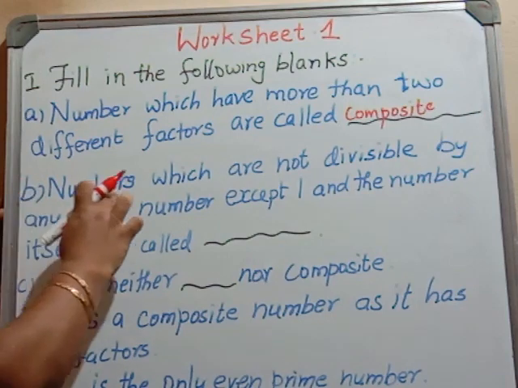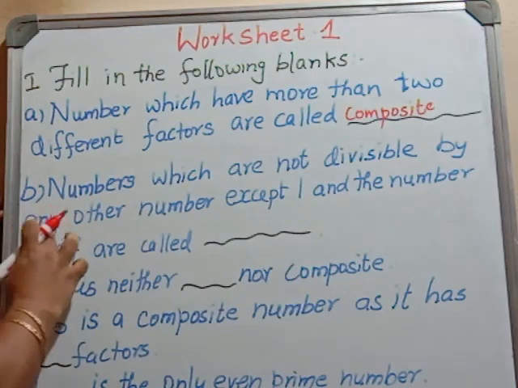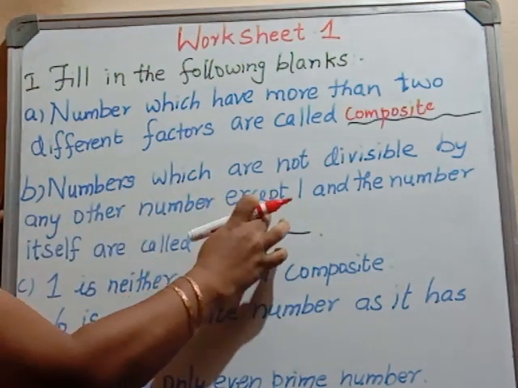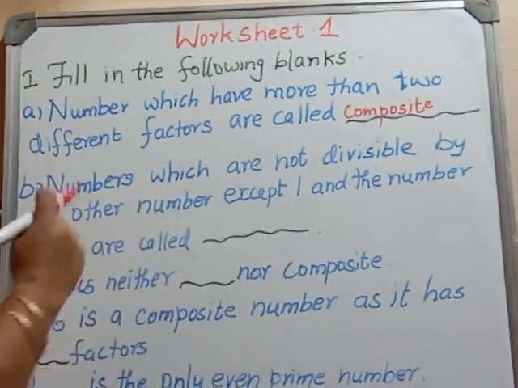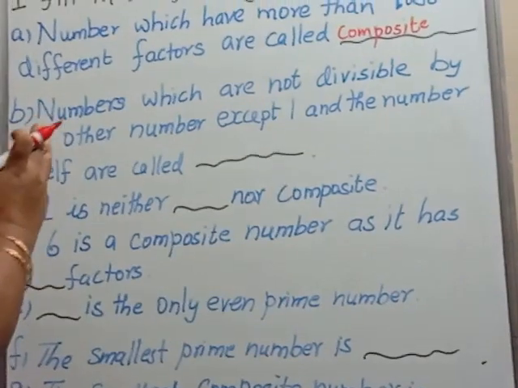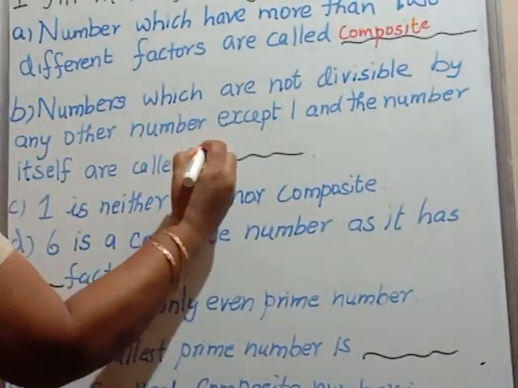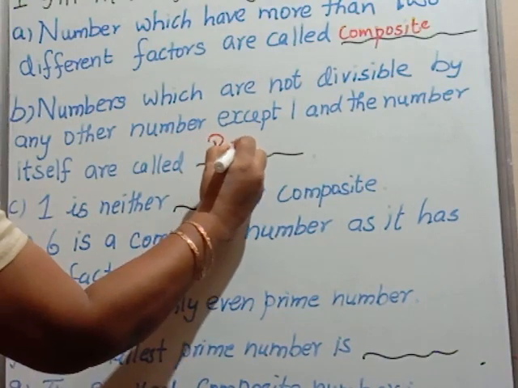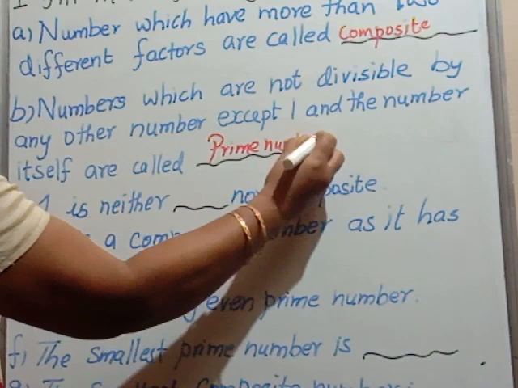Now, second one, numbers which are not divisible by any other number except 1 and the number itself are called what? Prime number.